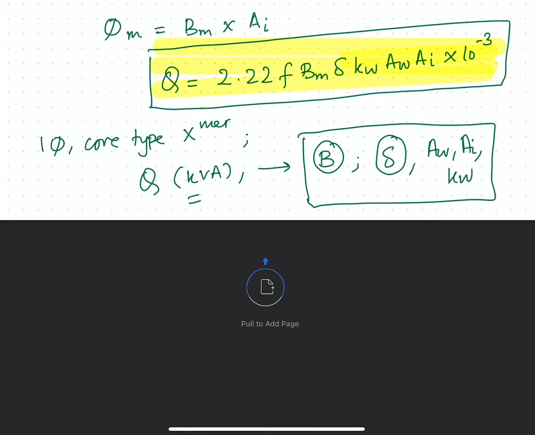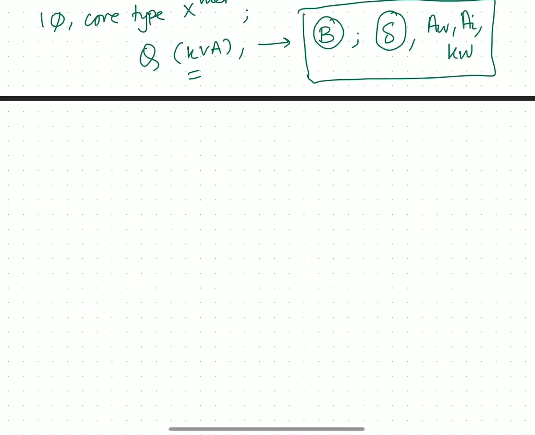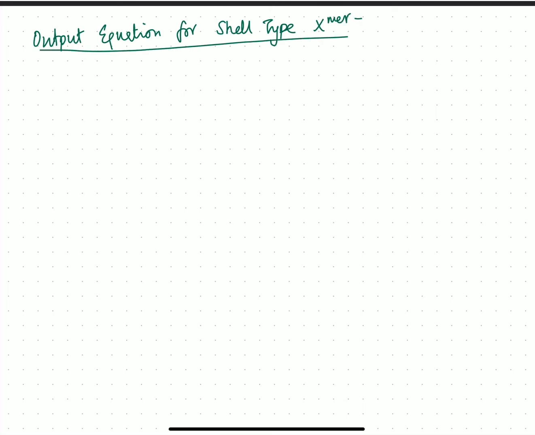Okay. So next we have the shell type transformer output equation for single phase shell type transformer. So the figure of this transformer is something like this.